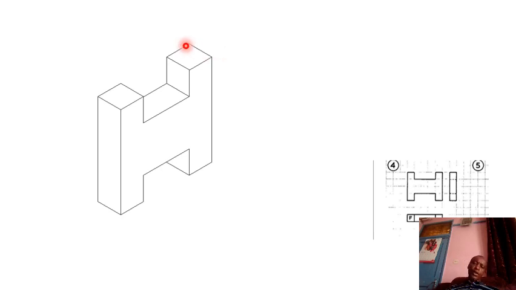If the width is shorter than the length, that should also appear that way in your diagram. So that is how you can draw this orthographic drawing and place it onto isometric drawing.